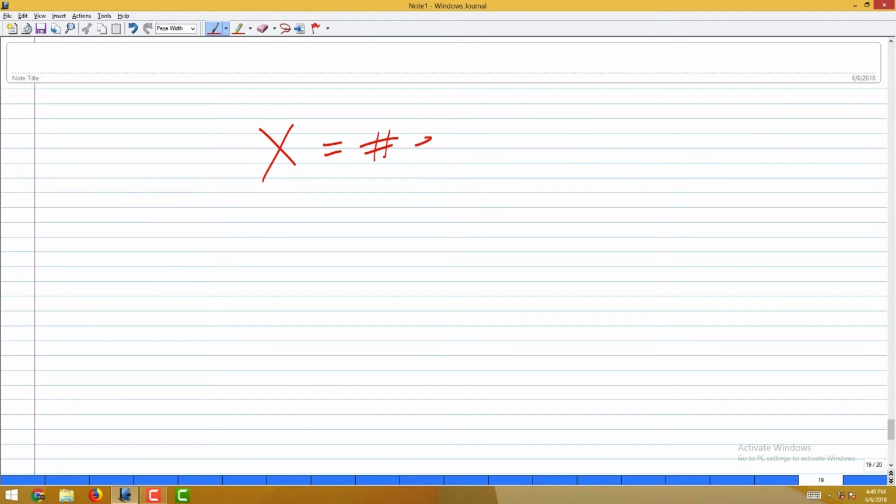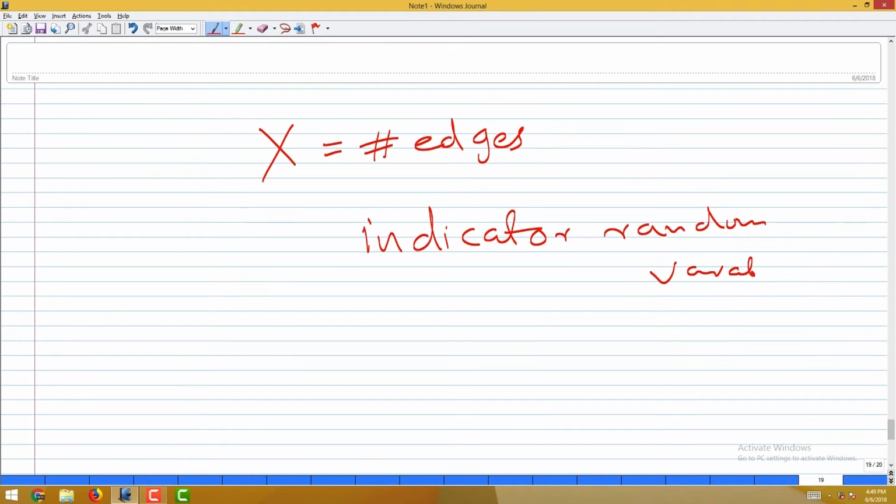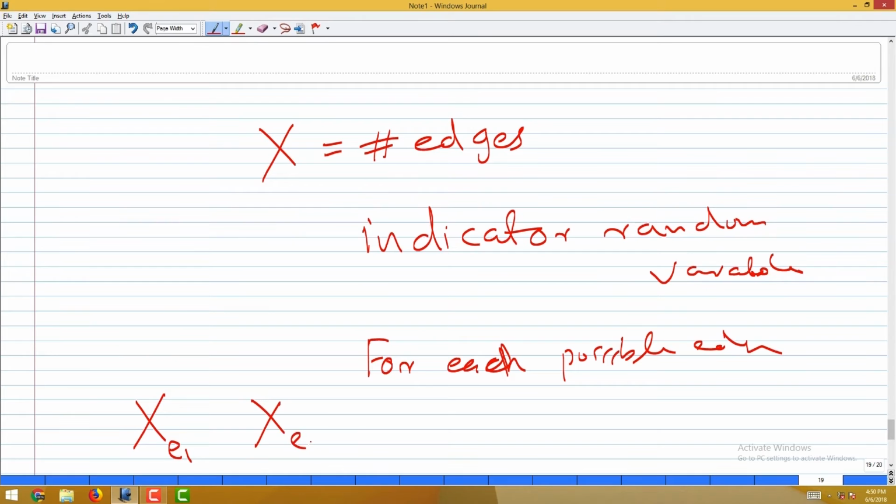Now let us look at how to find x, equal to the number of edges. What I do is I define something called an indicator random variable for each edge, each possible edge meaning each pair of vertices.